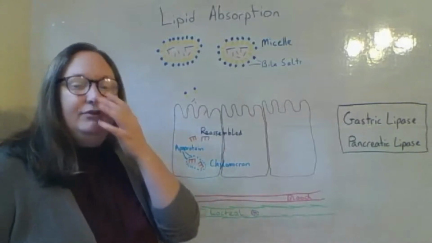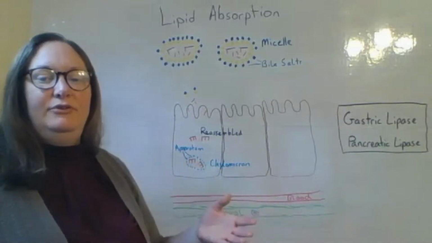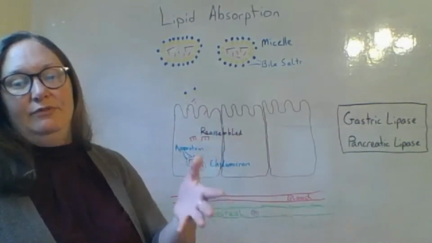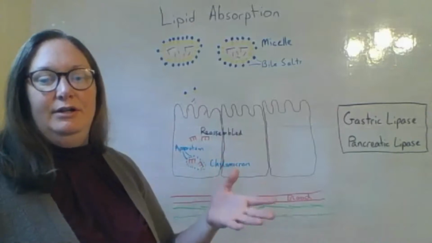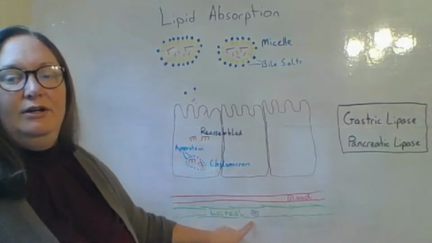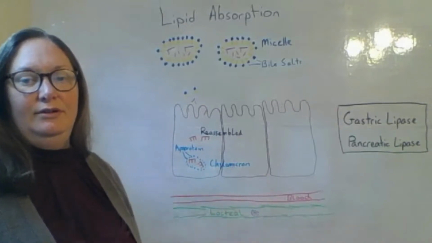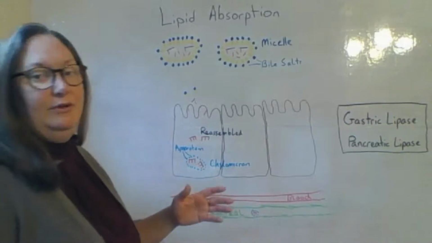So this one is different than all the others because the carbohydrates and the proteins, they're all going to the liver first because they got in the blood. They can get into the blood. But the lipids go into the lymph, so they're not headed to the liver first. Does that make sense? Let me review it.